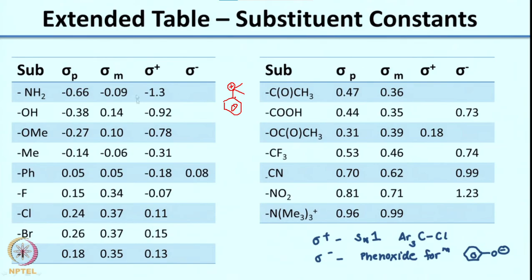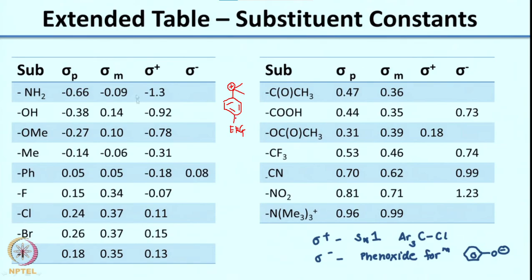Now this plus charge is in conjugation with this aromatic ring, right? And if an electron releasing group is present here, it will stabilize the carbocation, right?